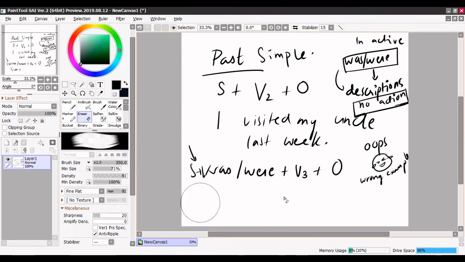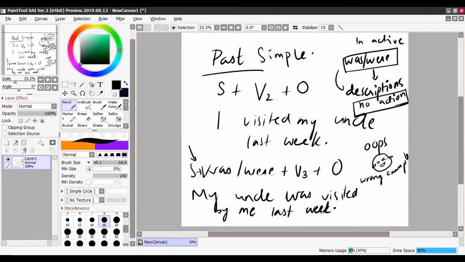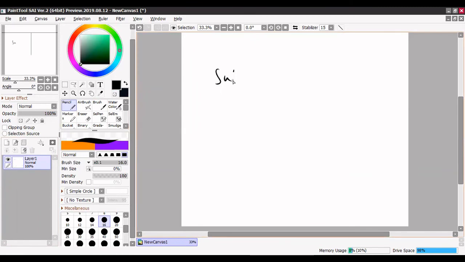Alright, so then we move on to past continuous, and the formula for past continuous is subject plus was, were plus ing plus object. The sentence can be: Sam was delivering the letters to the department.